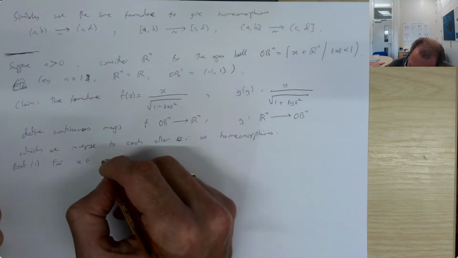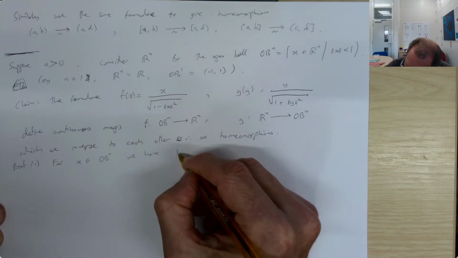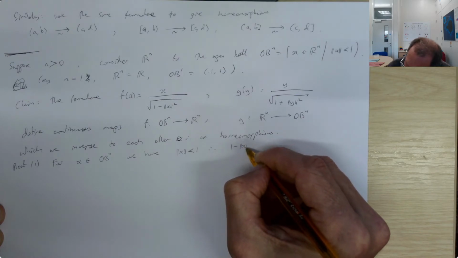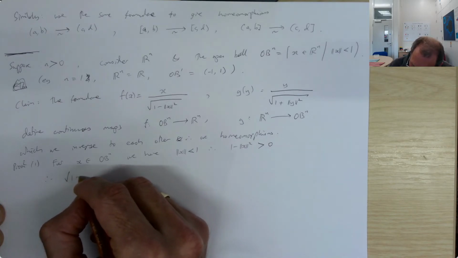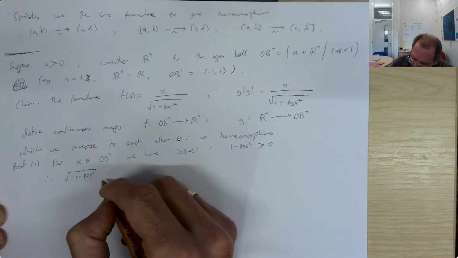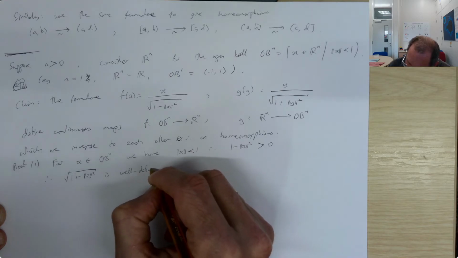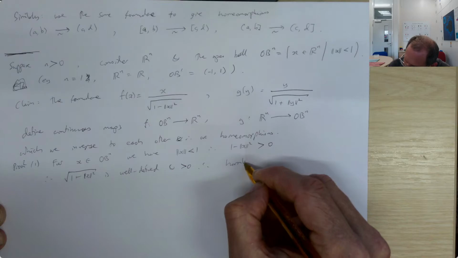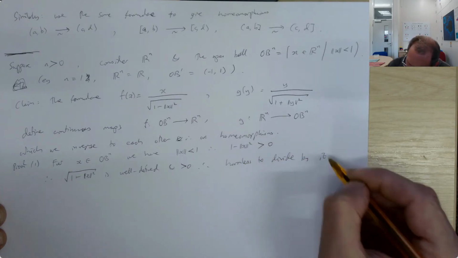So for x in OBN, we know that the norm of x is less than 1, therefore 1 minus norm x squared is strictly positive, therefore the square root of 1 minus norm x squared is well defined and greater than 0, therefore it's harmless to divide by it.